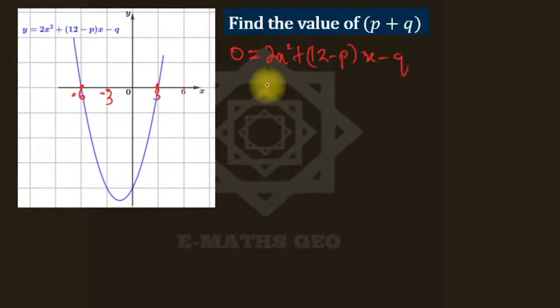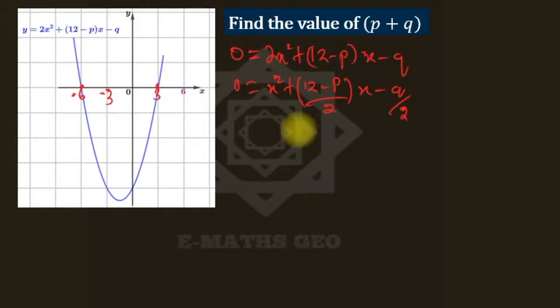minus q. So if we divide both sides by 2, I have x squared plus (12 minus p over 2) x minus q over 2.